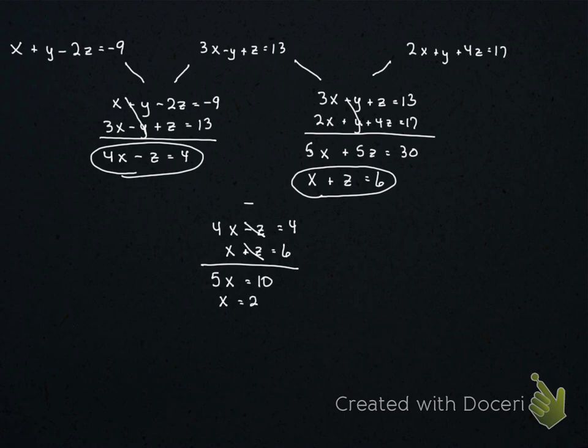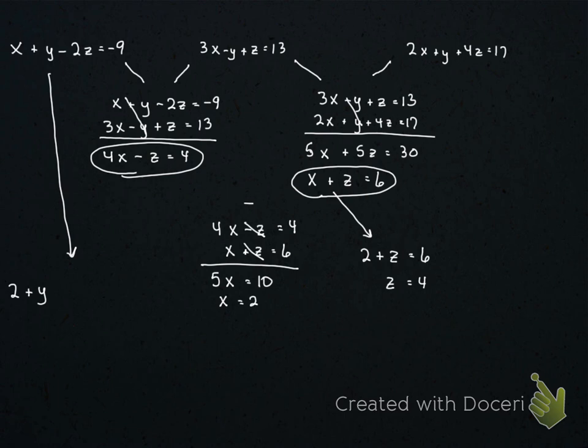And once we solve for that first variable, now we can start to back substitute. I can use this x equals 2 in my x plus z. So now 2 plus z is equal to 6, so z is equal to 4. Now that I know what x and z are, I'm just going to plug them into the very first equation to solve for y.